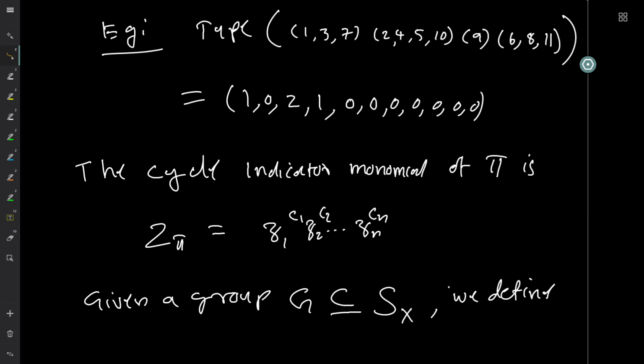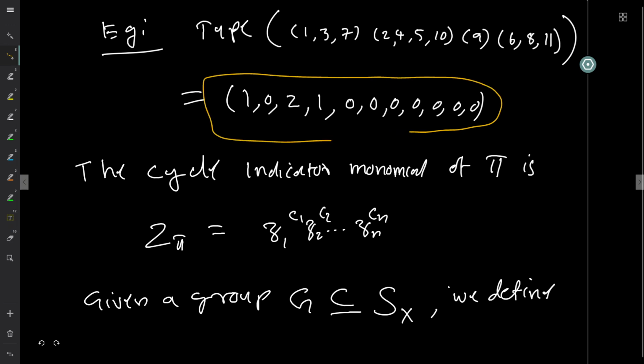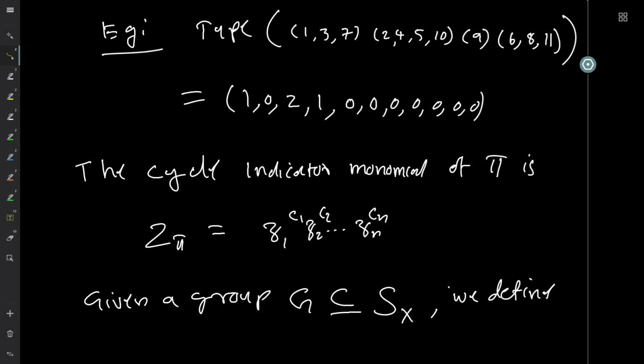There is precisely one 1-cycle, and there is no 2-cycle. There are two 3-cycles, (1, 3, 7) and (6, 8, 11). There is one 4-cycle, (2, 4, 5, 10), and no other larger cycle. So all these values up to 11 are zeros. You cannot have anything larger than 11 because the number of elements is 11.